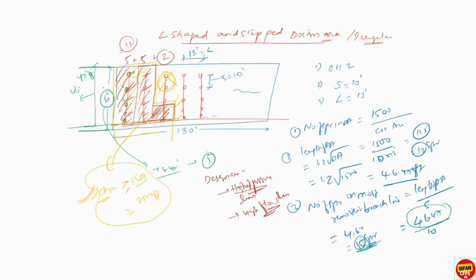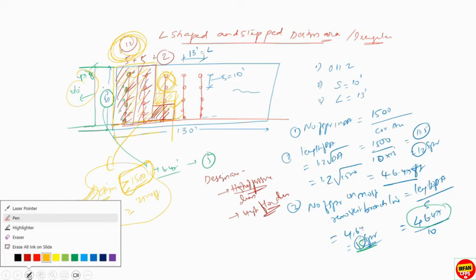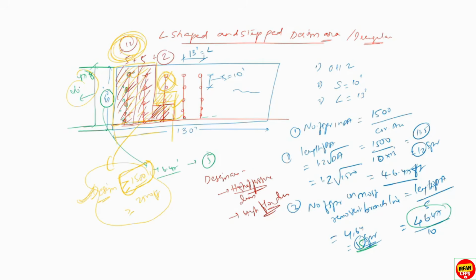Even though you have 12 sprinklers and the length is properly considered, if your design area is less than 1500 square feet, you need to add one more sprinkler. This is also an important catch point. So you need to add one or two more sprinklers to make it 1500 square feet.